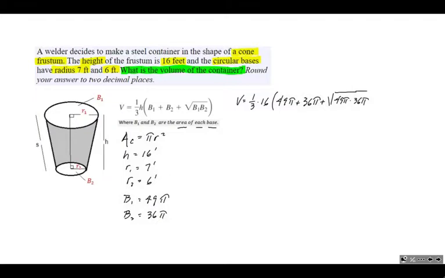Now, in this square root here, we can use the commutative property of multiplication, and we can multiply these values in any order, can't we?